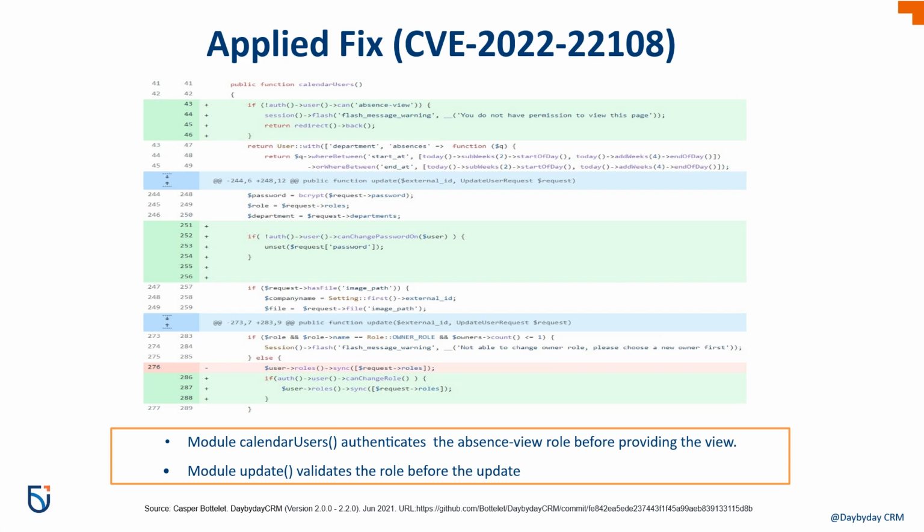So in the calendar users, in lines 43 to 46, the module calendar users actually authenticates the absence view role before providing the actual view, and the module update in lines 251 to 256 and 286 to 288 actually validates the role before doing the actual update.